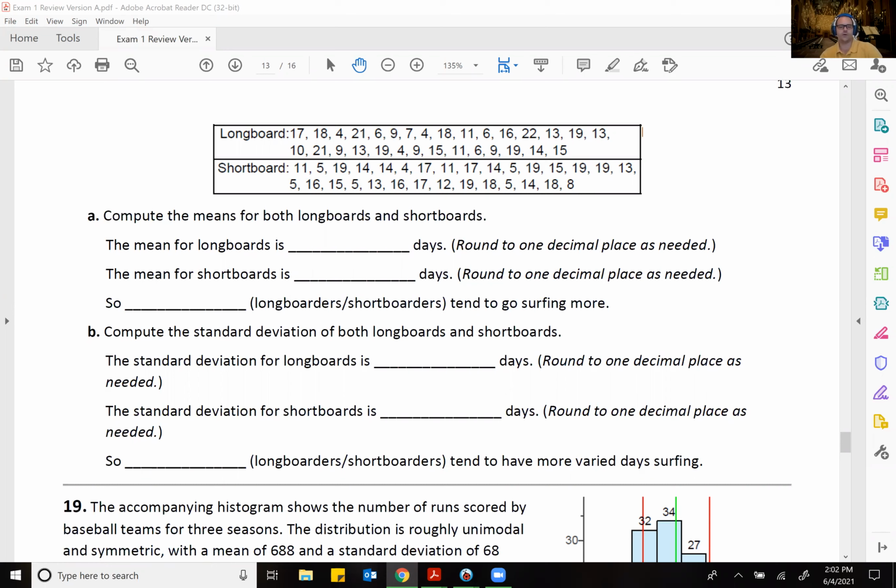This is the long part of your exam. If you're trying to put data in by hand, that's what's really going to take you the longest when you do this. 11, 6, 9, 19, 14, and 15. There's 30 pieces there. Doing the short board real quick. 5.